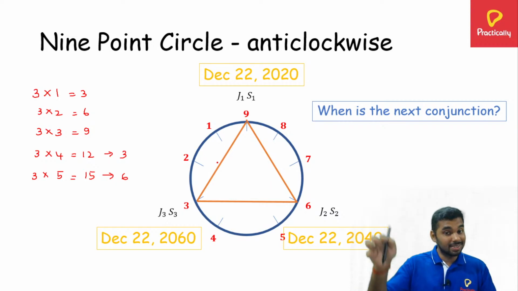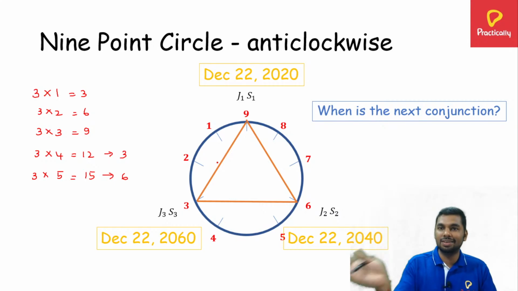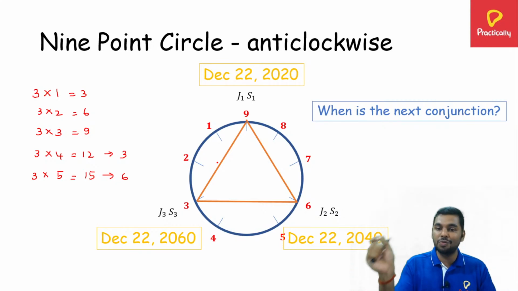Which means you can exactly figure out what date and what position of the planet is in between 2020 and 2040. So this is how you can make a universe map or some map of heavenly bodies and locate in time the position of each planet.